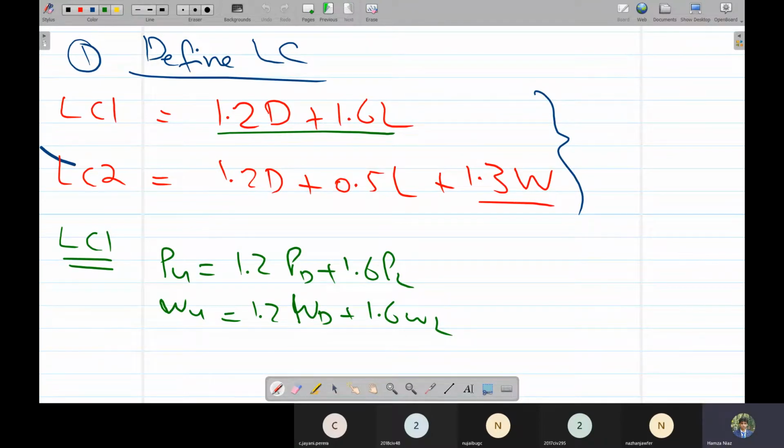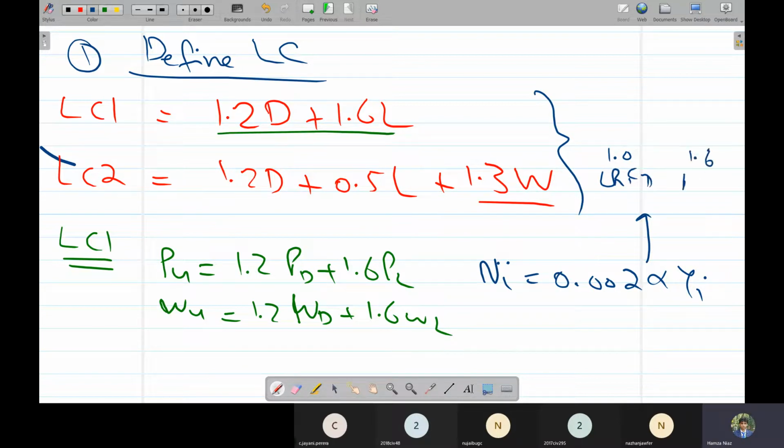The third thing we have to find is notional load, Ni. So the notional load is 0.002 alpha into Yi. Alpha is 1.0 for LRFD, which we are going to use, and 1.6 for ASD. We are not going to use ASD, so alpha would be 1. Yi is the total gravity load.